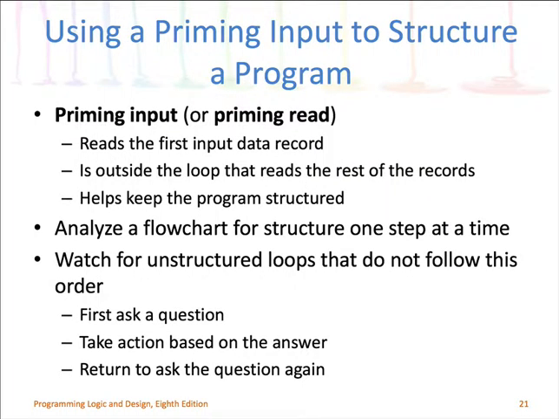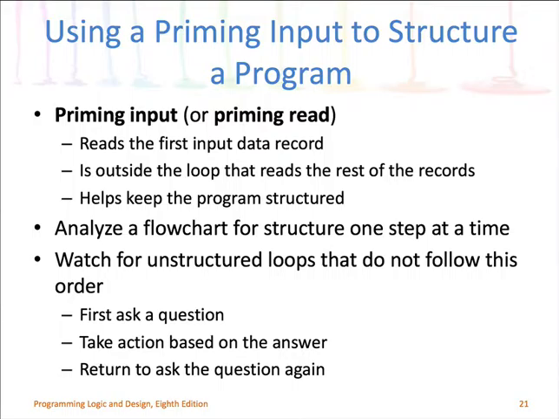Now, one problem we have, and we'll see a flowchart of this, is getting the first value in, or the first line of input, and getting it dealt with correctly. One way to solve that is with something called a priming input, or possibly a priming read.